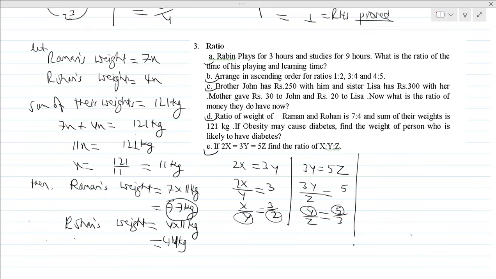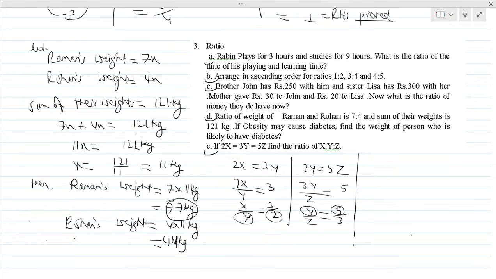To make their values the same, which are 2 and 5, we multiply both ratios by flipping the values of y. Where we see the value of y as 2, that ratio gets multiplied by 5, and where we see the value of y as 5, that ratio gets multiplied by 2. If we do that, we get new ratios of x to y and y to z, having the value of y both 10.